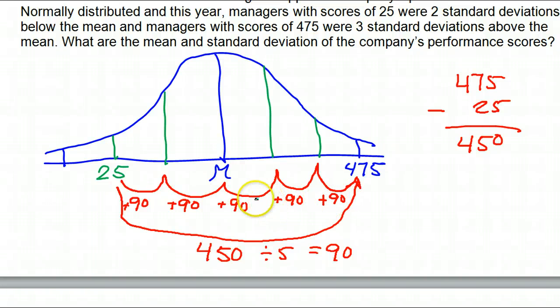Every one of these jumps is a standard deviation. So that tells me that the standard deviation must be 90. And while we're at it, we can figure out what the mean is by starting from 25 and adding 90 twice.